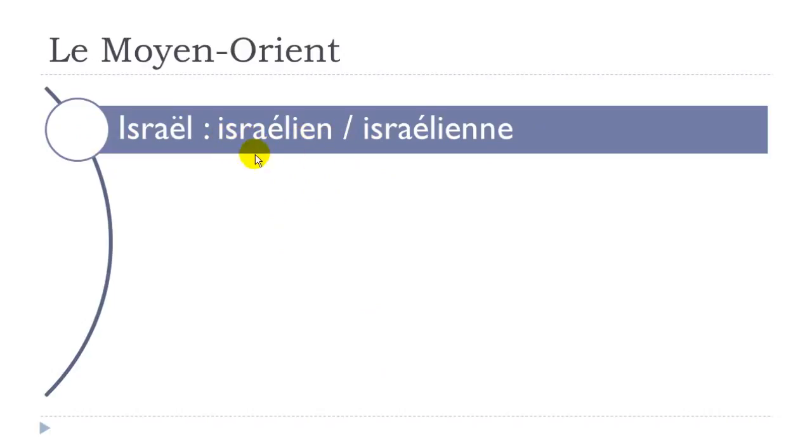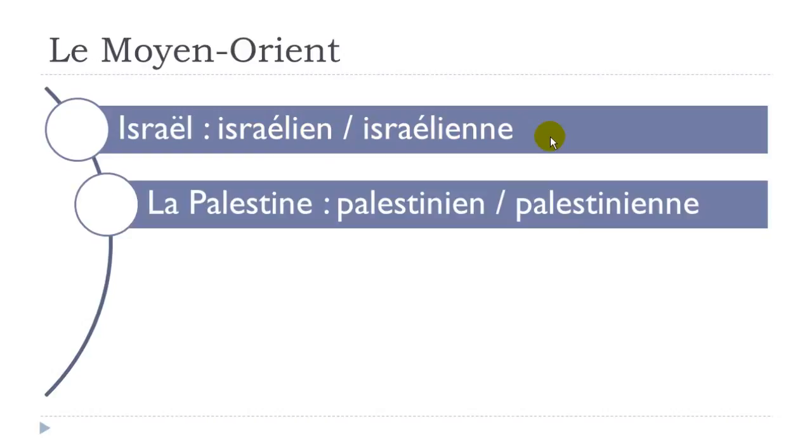Israélien, so masculine form, and then feminine form. Israélienne, okay, yen, and then Palestinien, Palestinien, feminine form, Palestinienne.